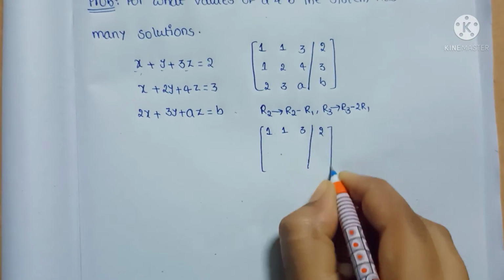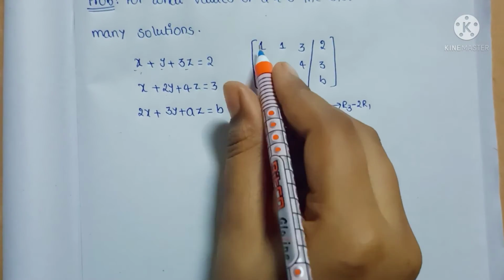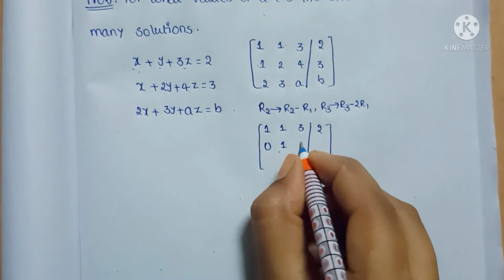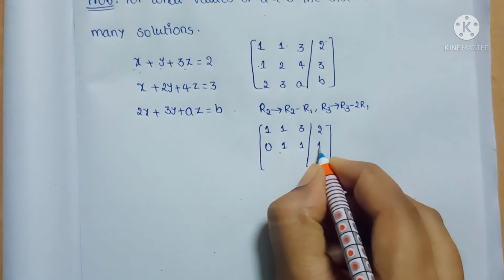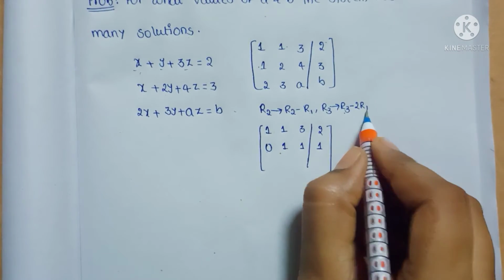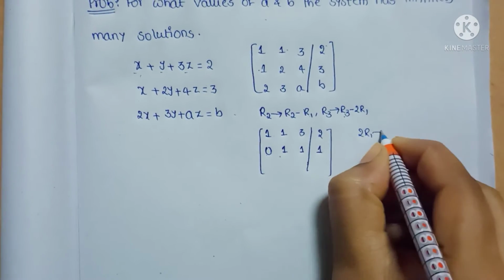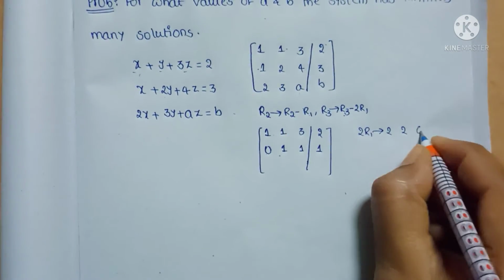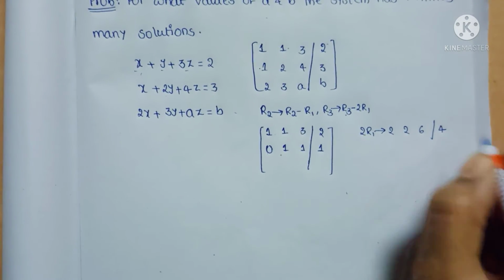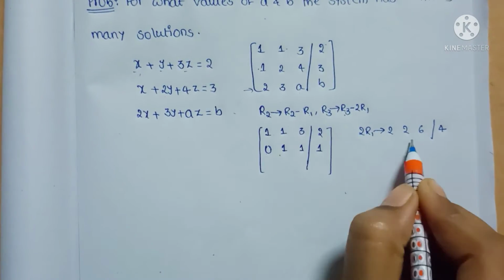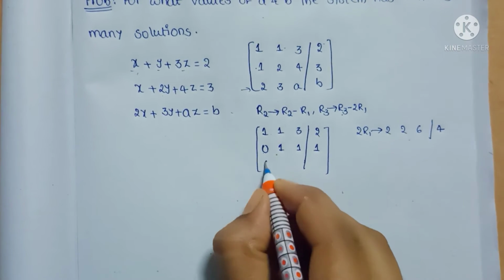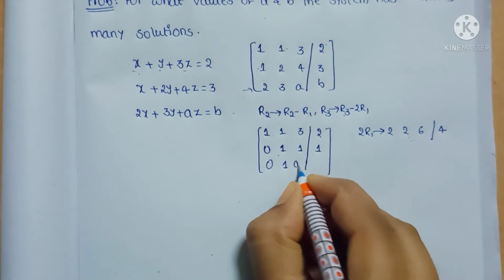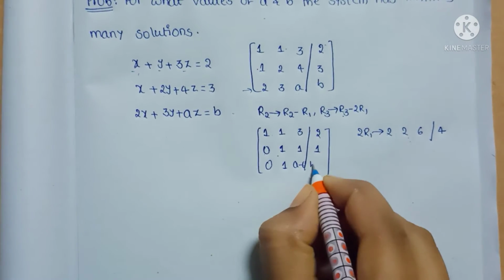Coming to R2, R2 minus R1: 1 minus 1, 0, 2 minus 1, 1, 4 minus 3, 1 and 3 minus 2, 1. Here R3 minus 2R1: 2R1 is 2, 2, 6 and 4. So row 3 minus 2R1 gives 2 minus 2, 0, 3 minus 2, 1, a minus 6, and b minus 4.